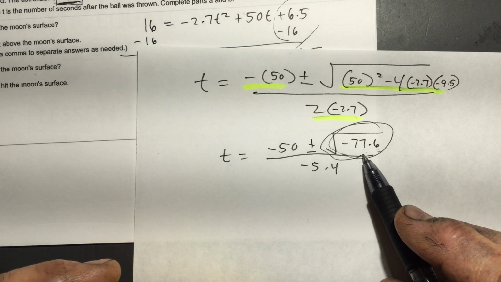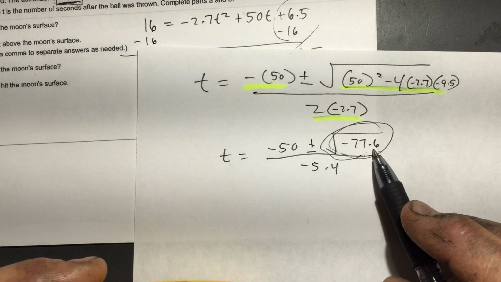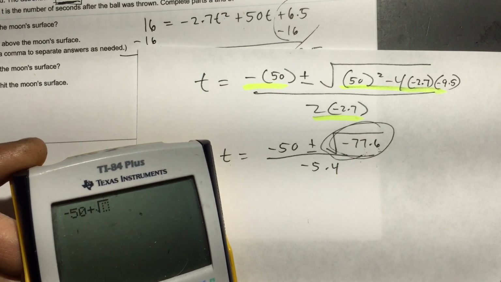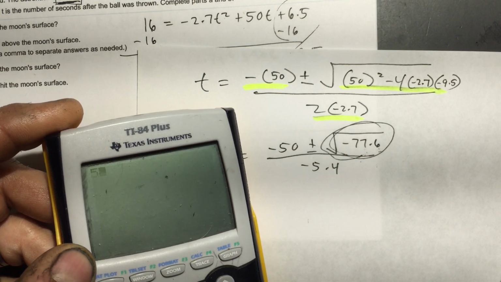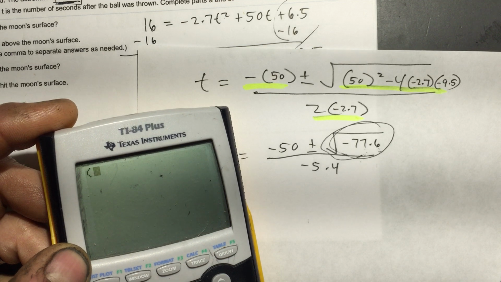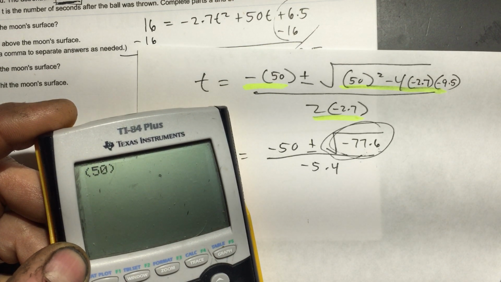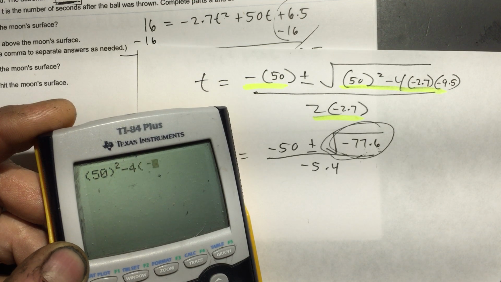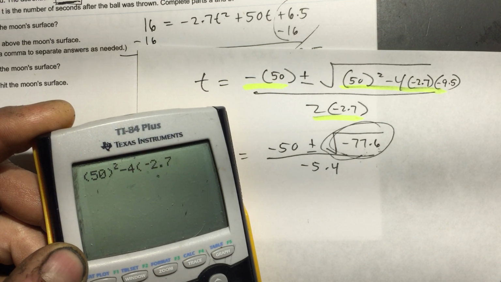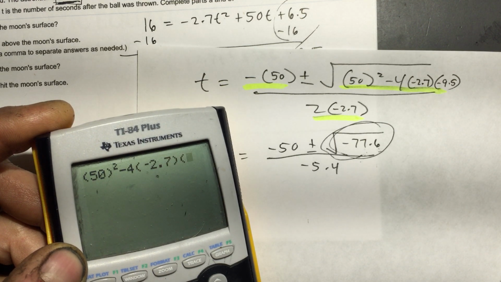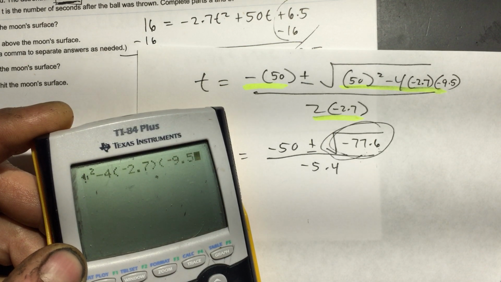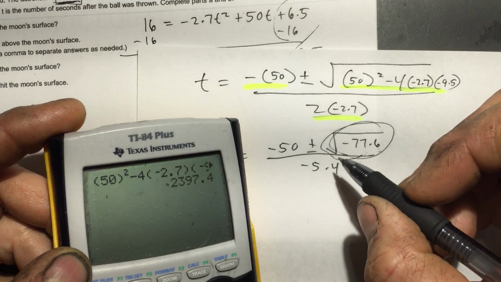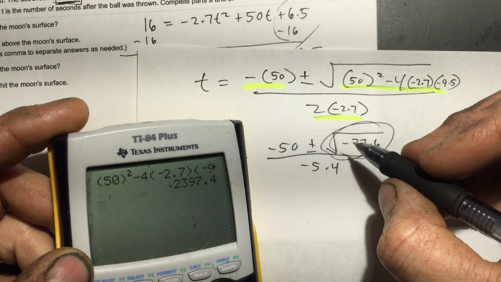I don't think we did this right. I didn't realize I got a negative answer. We got to do this again. 50 squared minus 4, negative 2.7, and then negative 9.5. Yeah, we made a mistake here. I don't know what I did a while ago. You should have told me I made a mistake.